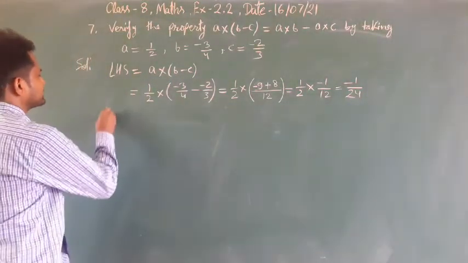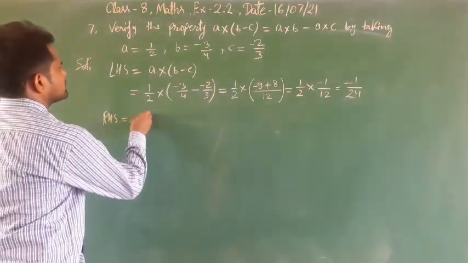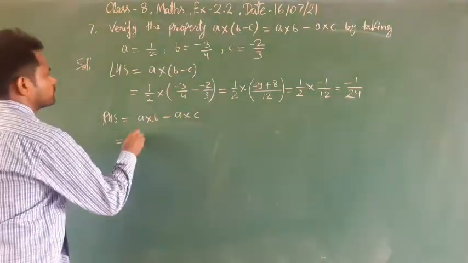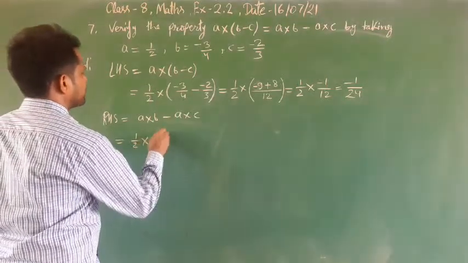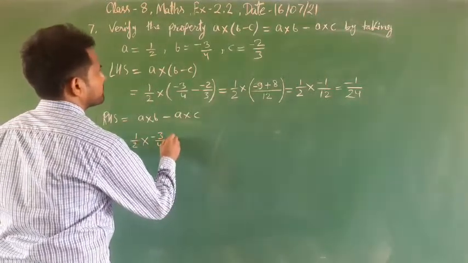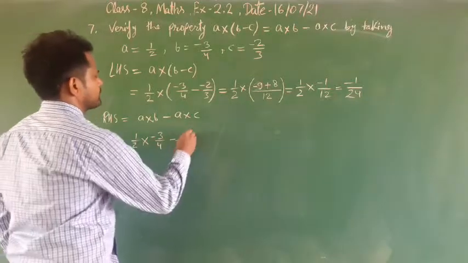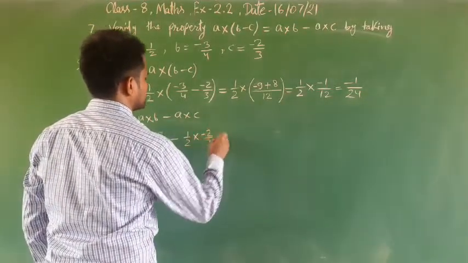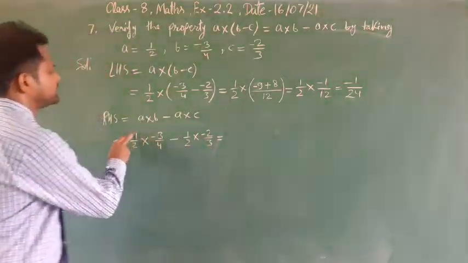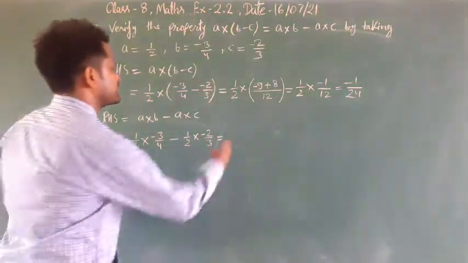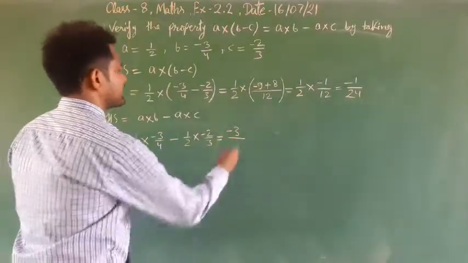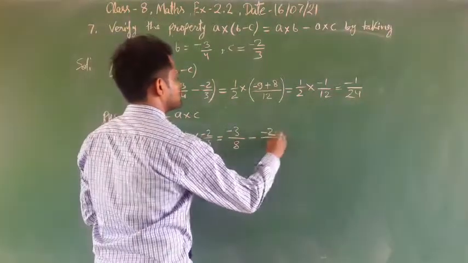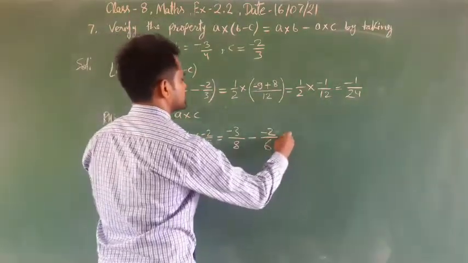Now solve the right hand side, that is A into B minus A into C. So 1 by 2 into minus 3 by 4 minus 1 by 2 into minus 2 by 3. Minus 3 into 1 is minus 3, 4 twos are 8, minus 2 into 1 is minus 2, 3 twos are 6.